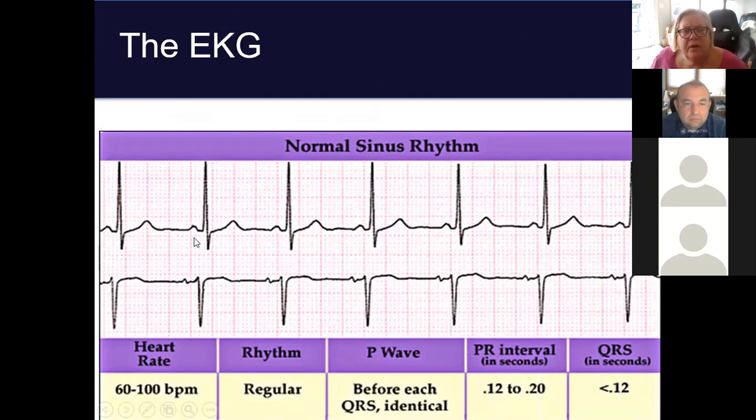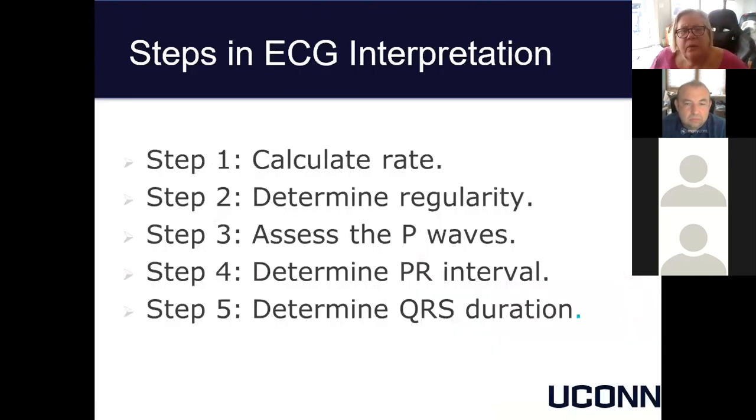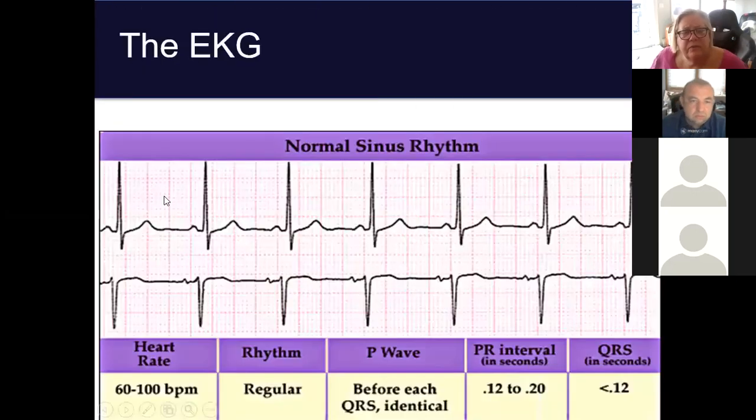So we want to calculate the rate. What do we want to do? We want to determine the regularity. Determining the regularity would be measuring each of these QRS complexes to make sure they are evenly spaced out, which yes, they are in sinus rhythm.